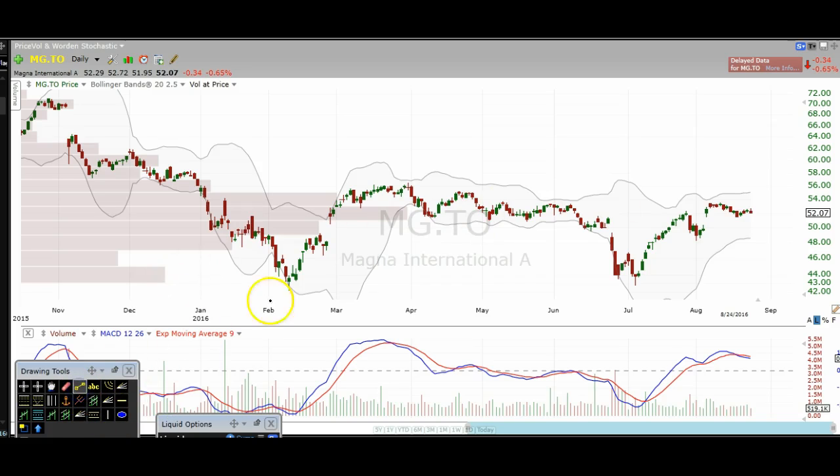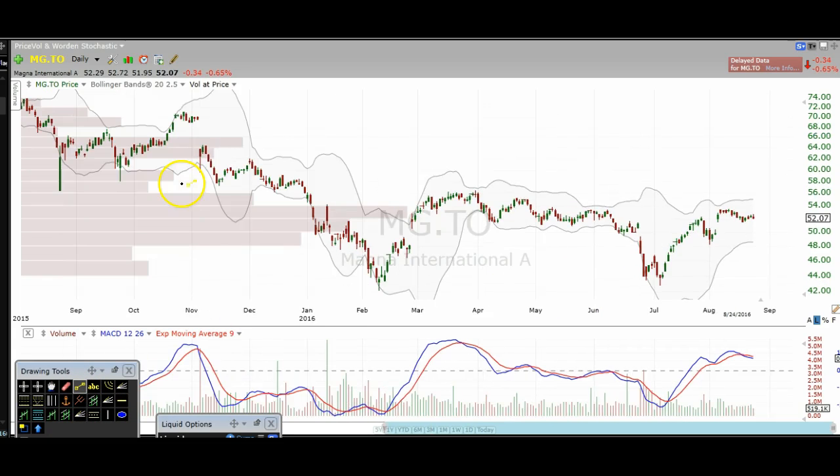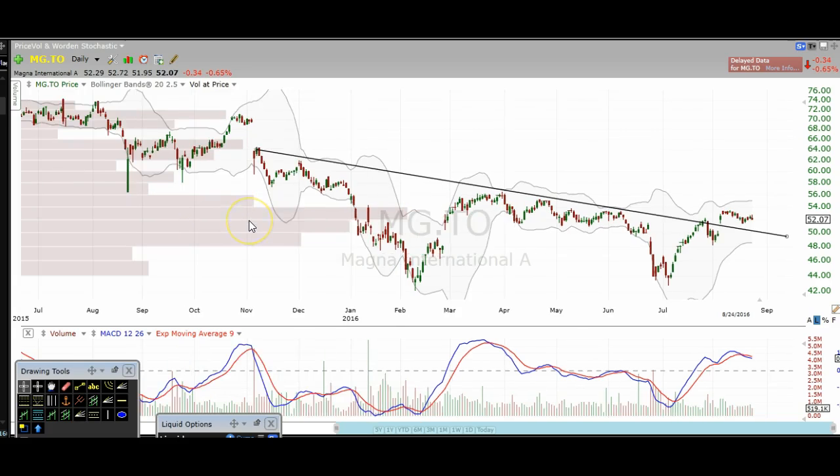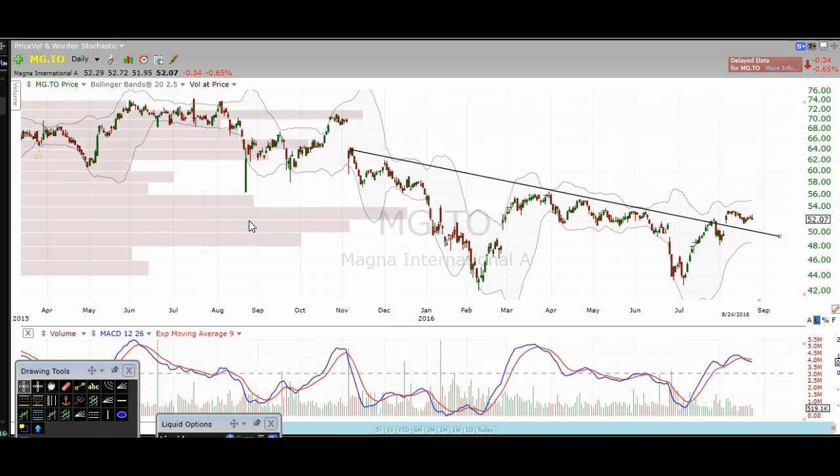All right, so let's take a look at MG.TO. First thing I'm seeing here is, okay, so we broke over this downtrend line right here. See if there's anything else I can see.